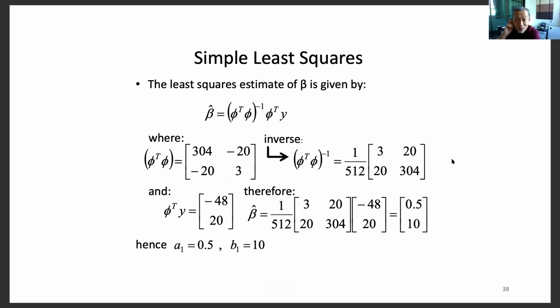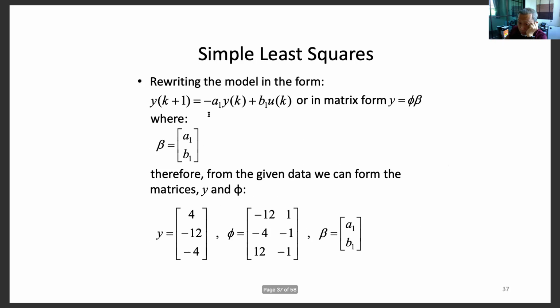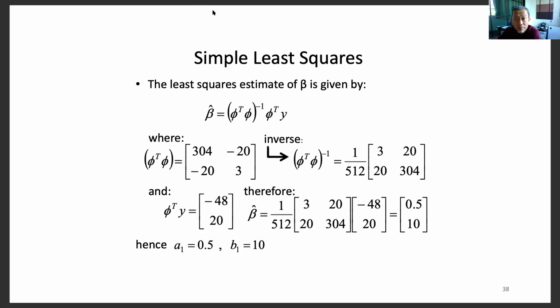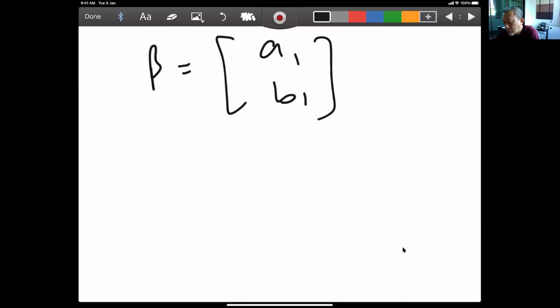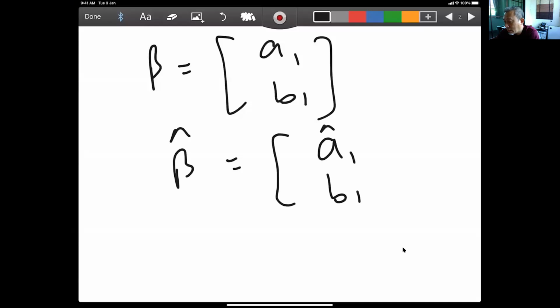So the least squares estimator says that you have to find the equations here. The estimation beta is equal to a1, b1, so the estimated beta will become a1 estimated, b1 estimated.